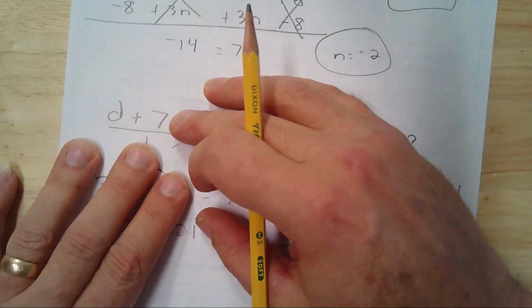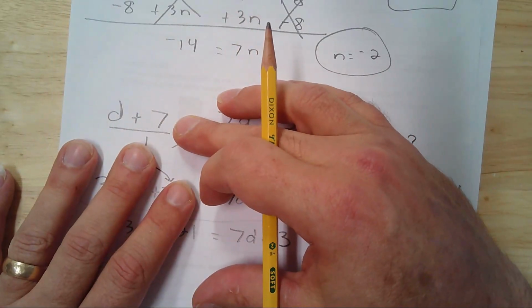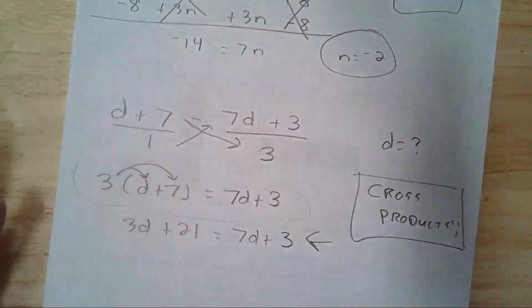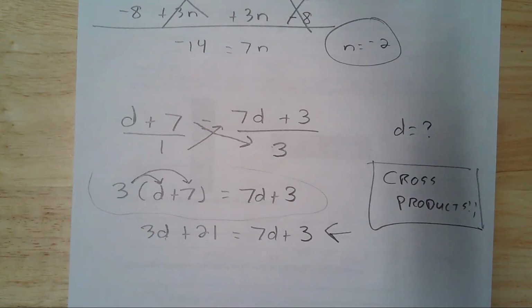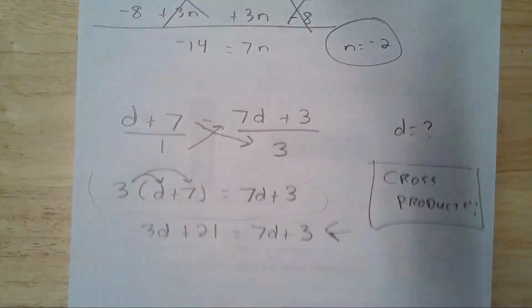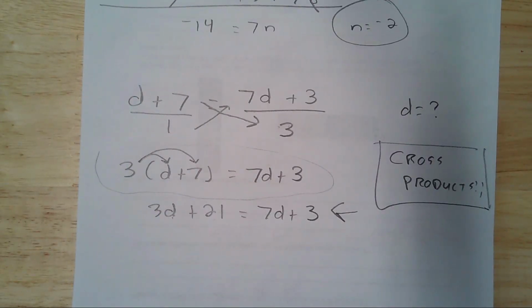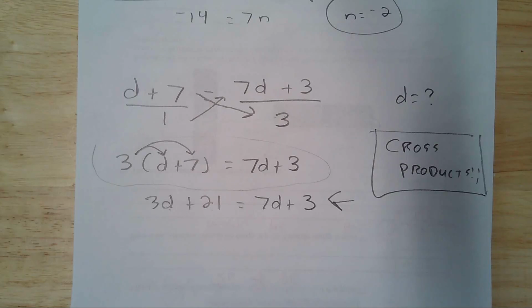Depending how complex this gets, I'm not saying you're never ever going to write this type of stuff out, but I'm also conceding 3 times d and 3 times 7 is not too hard to keep in your brain. But once you get to this point, then I think you guys can finish it off from here.